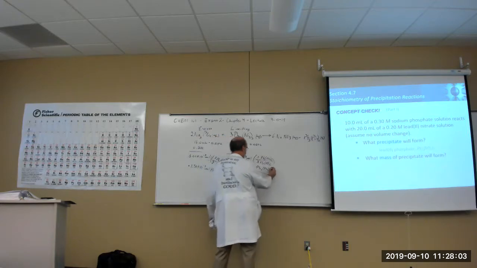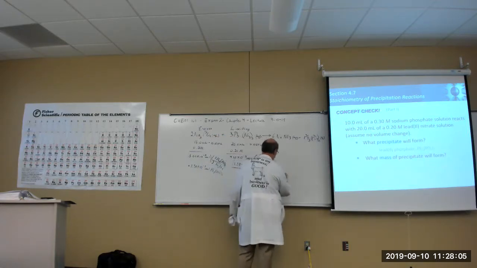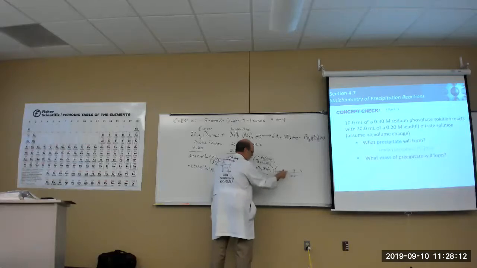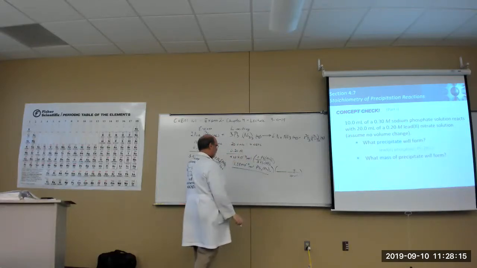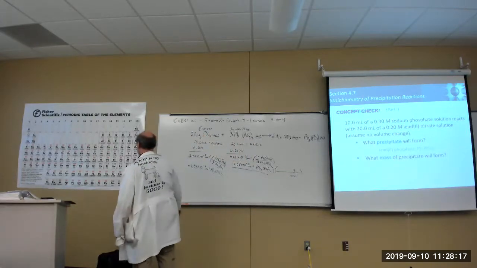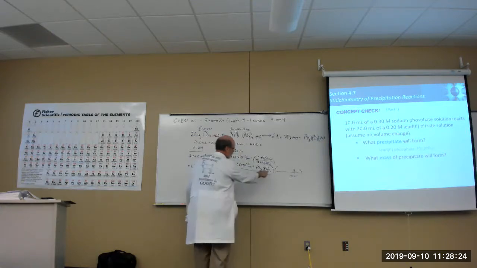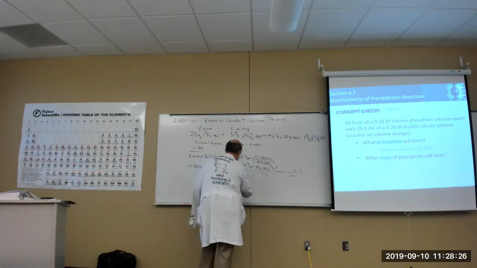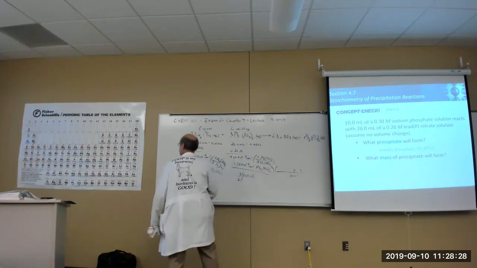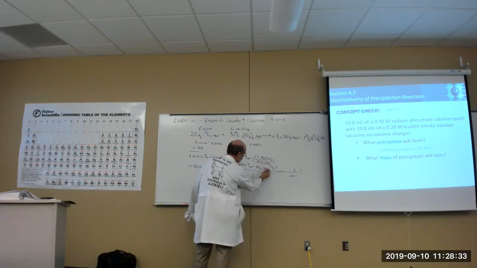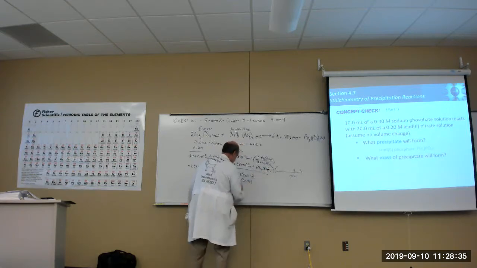So how do we convert to mass? We need molar mass, grams per mole. Cancel those moles, grams per mole of this one. So we need 3 times lead, 207.21, and 2 times phosphorus, 30.97, and 8 times oxygen.